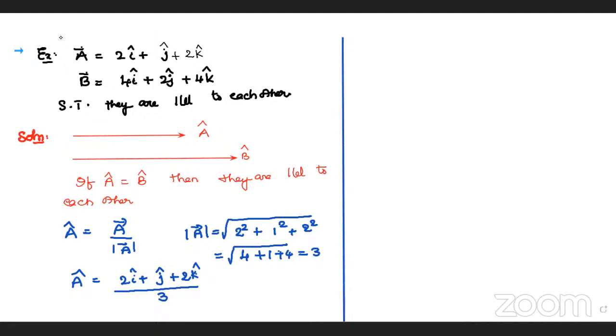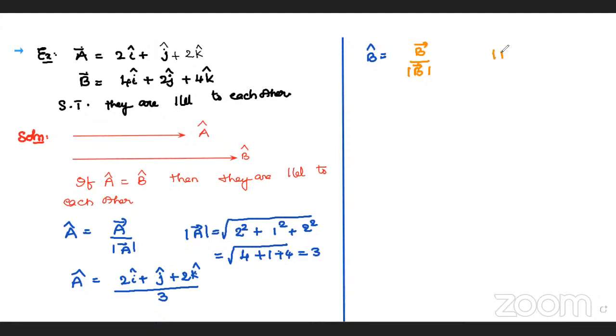In the same way, B cap is equal to B bar upon mod B bar.